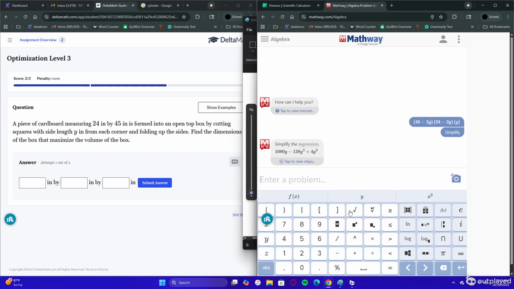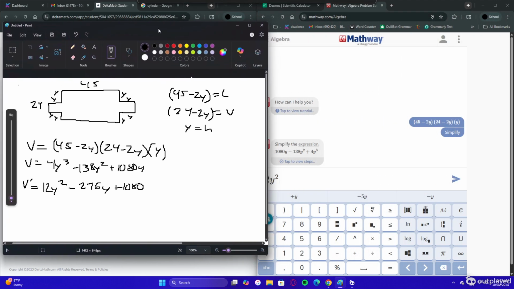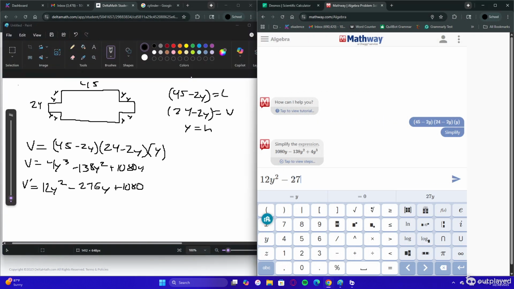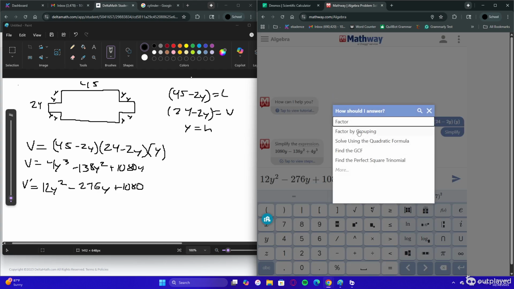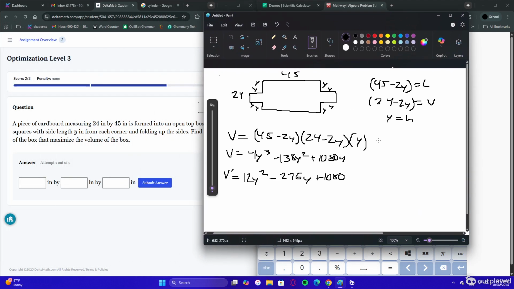And if you solve that for 0, you'd get y equals 18 and y equals 5. So those would be our critical points. Y equals 18 and 5.